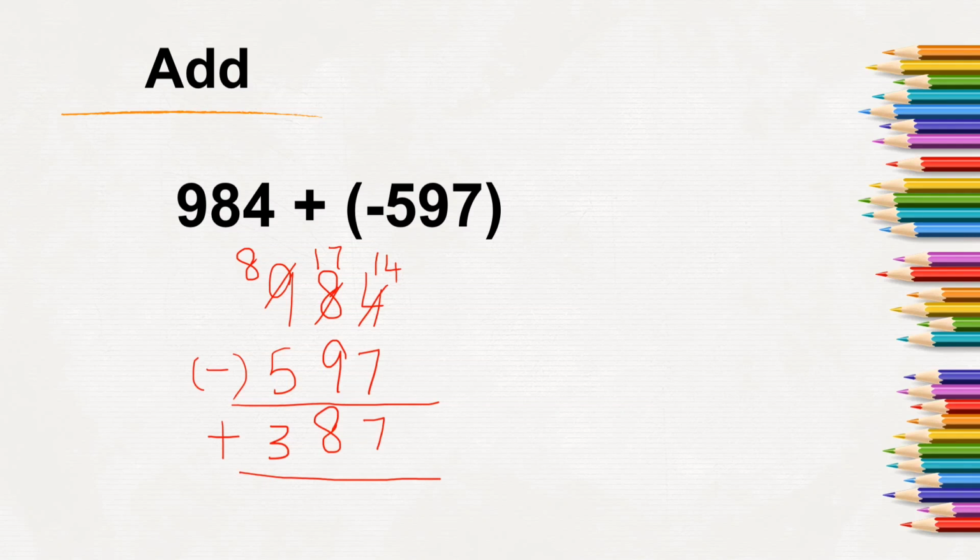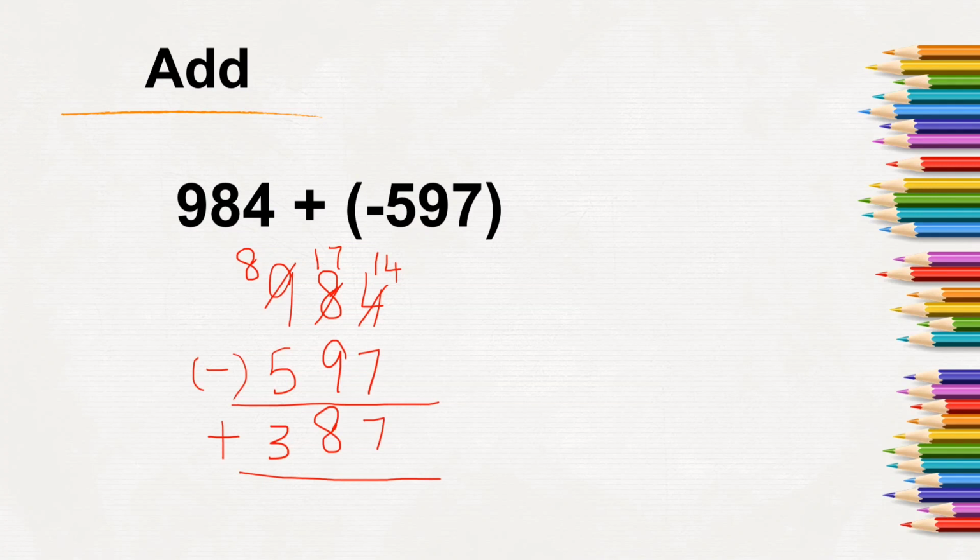Here imagine you have 984 candies. Yes, and if you give away 597 candies, we need to find out how many candies are left, correct? So from 984, if we take away 597 candies, it is like subtracting.